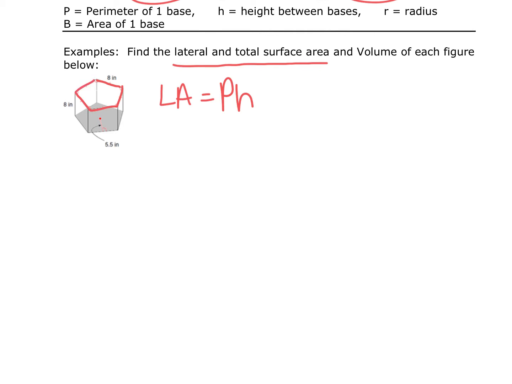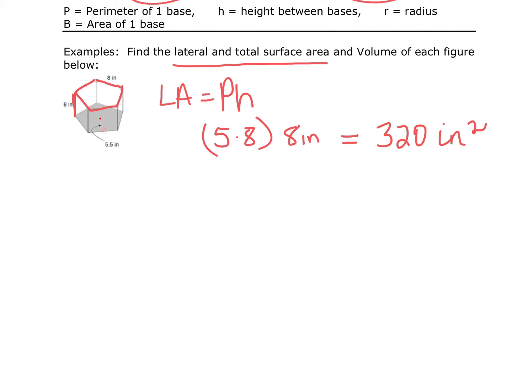So our perimeter is going to be 5 times 8, and then our height is labeled right here, and it's also 8 inches. When we multiply that together, we get 320 inches squared. Remember, area is always squared units.